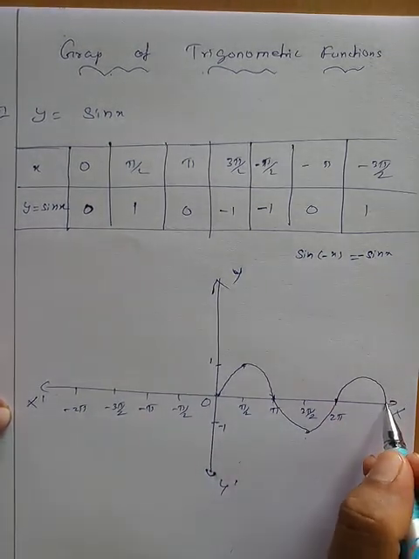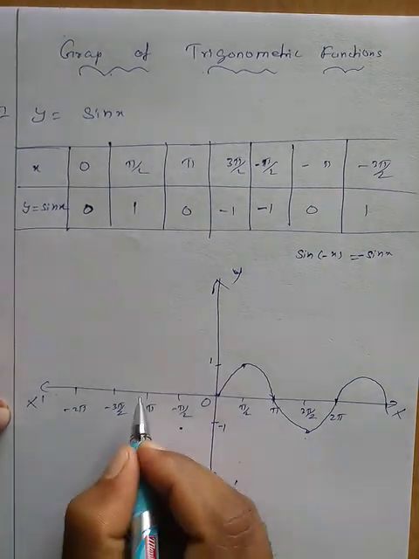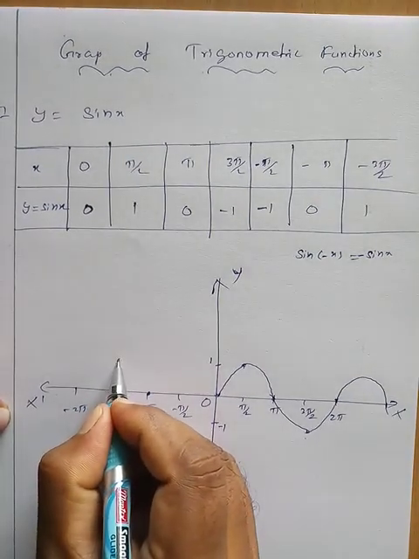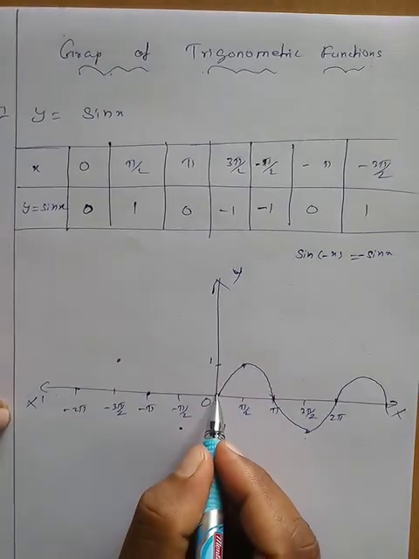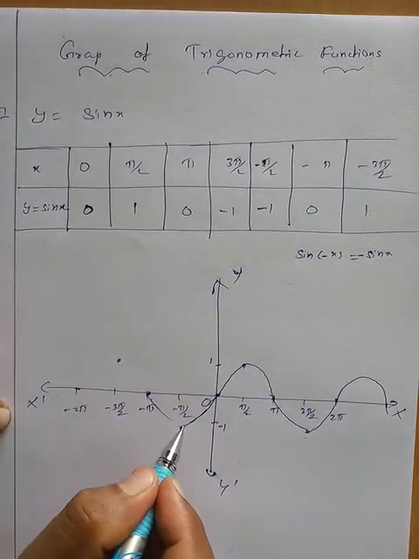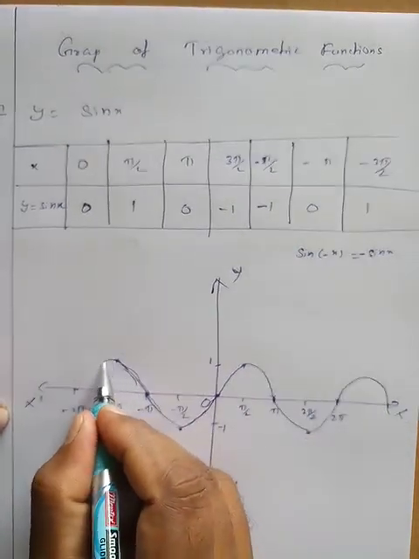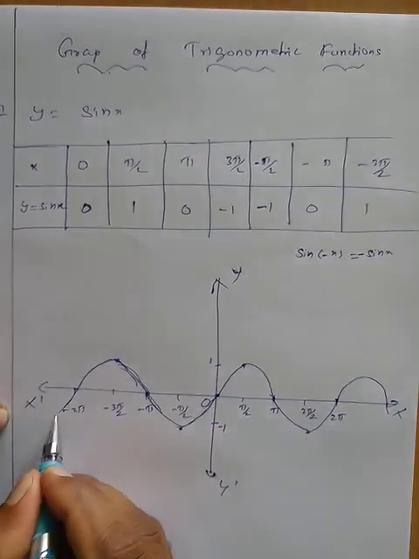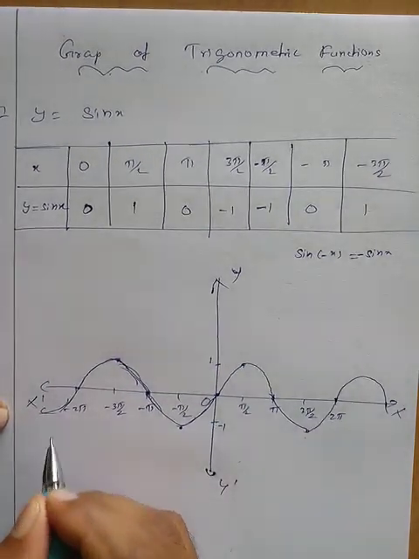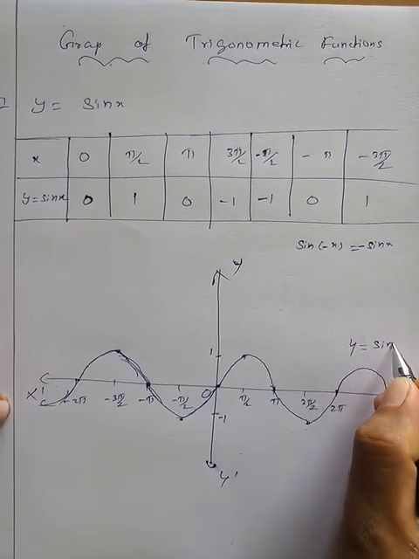Here on the left hand side, minus pi, 0, minus 1, 0, plus 1, 0. So join. This is the graph of y is equal to sin x.